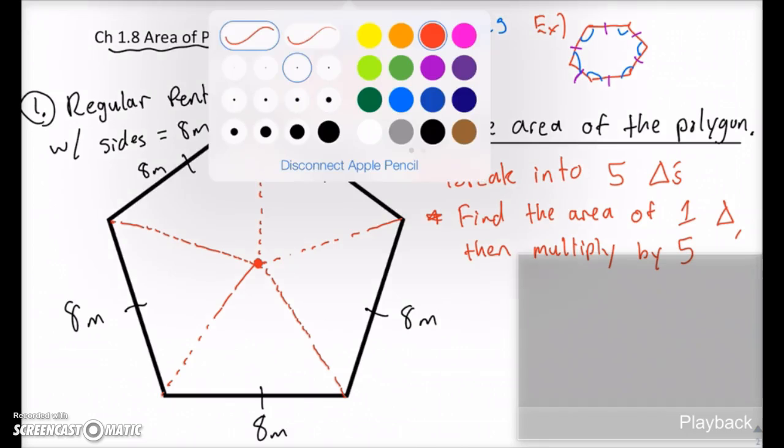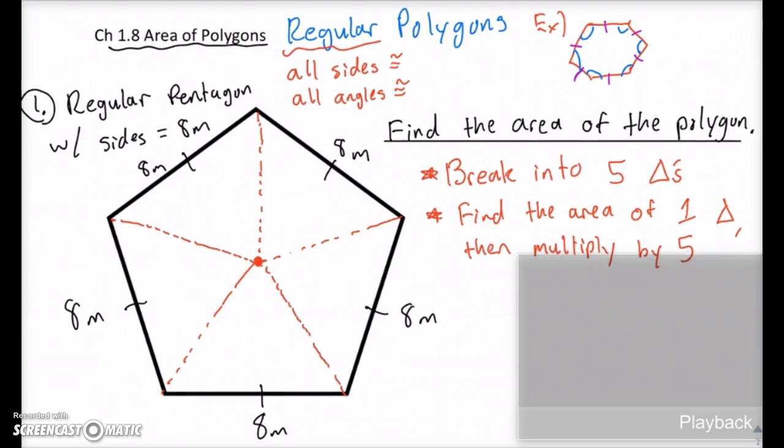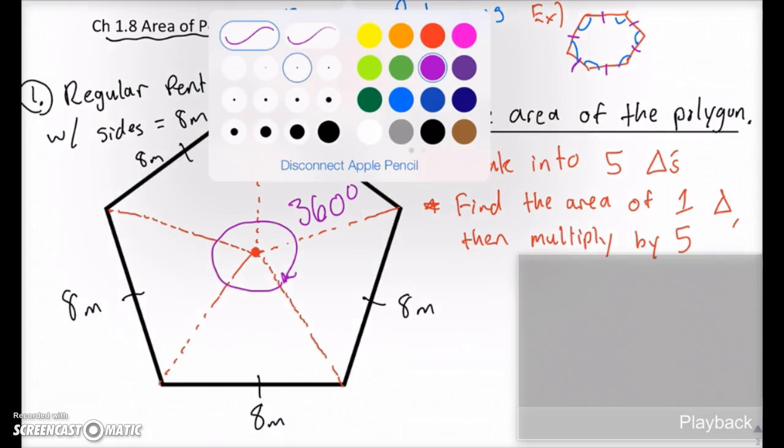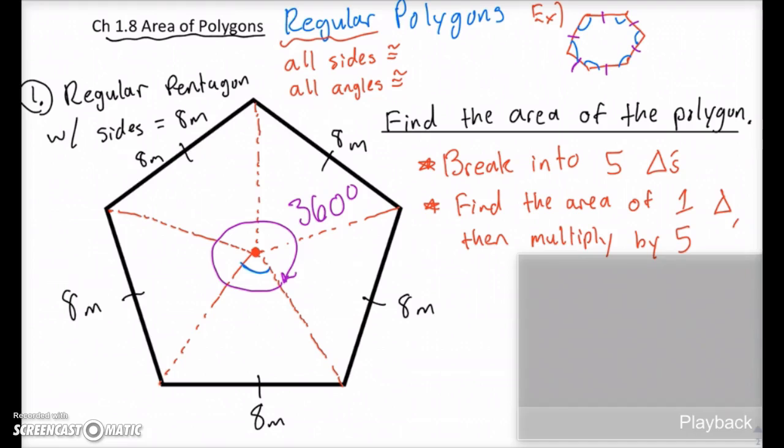Just looking at our 5 triangles here, I want to talk about this central angle. The central angle of a polygon is 360 degrees, indicated by this full circle here. My question is, what is the angle of all these individual triangles?